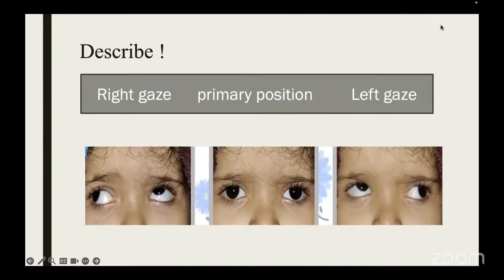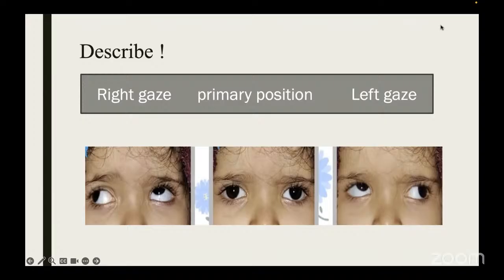This is a photograph of a child showing movements in primary gaze and in the right gaze and the left gaze. In the primary gaze, in the middle photograph, the eye seems to be slightly exotropic, very slightly.